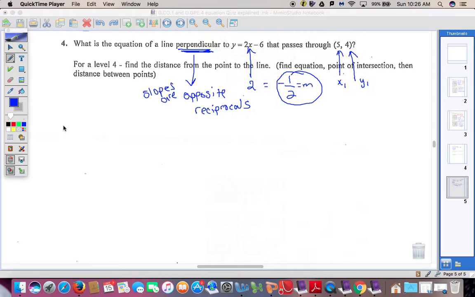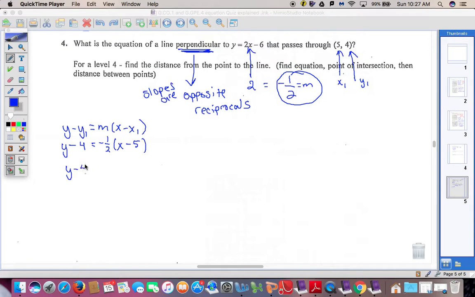So I have my equation that says y minus y1 equals m times x minus x1. If I substitute my information in, I have y minus 4 is equal to negative 1/2 times x minus 5. And now I'm going to distribute.